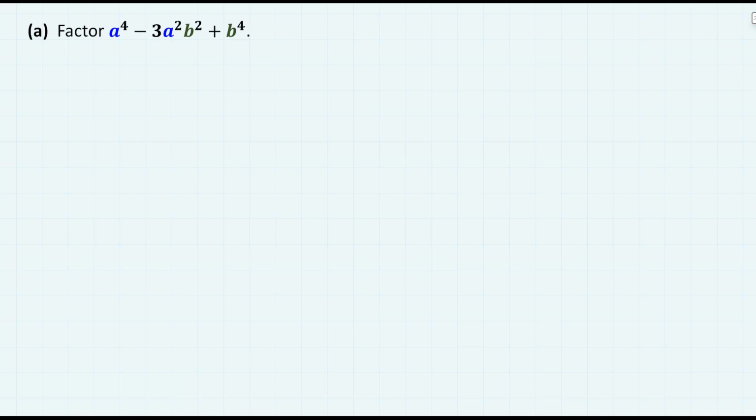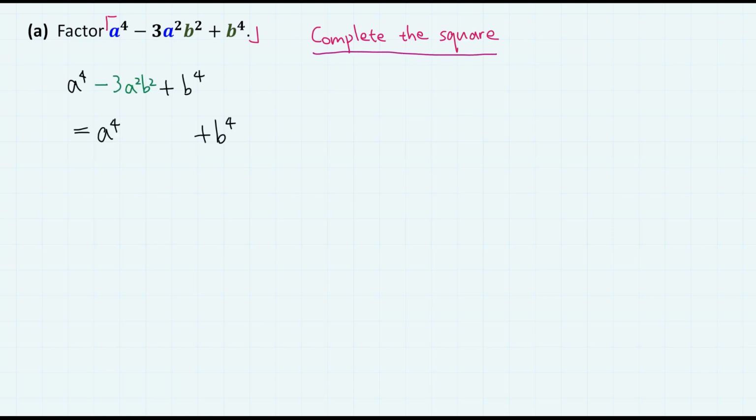Problem A, factoring this polynomial. Here we can use the famous method called complete the square. Notice that if we split minus 3a² b² into minus 2a² b² and minus a² b², the first three terms form a perfect square, a² minus b² squared.